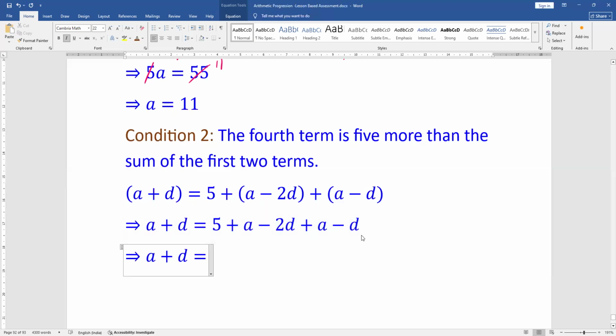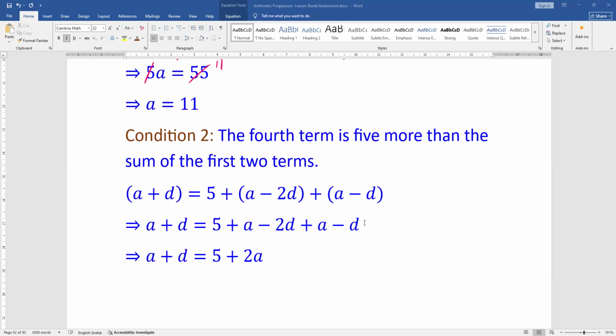And on the right hand side you get 5, and then a plus a will be 2a, so plus 2a minus 2d and minus d.